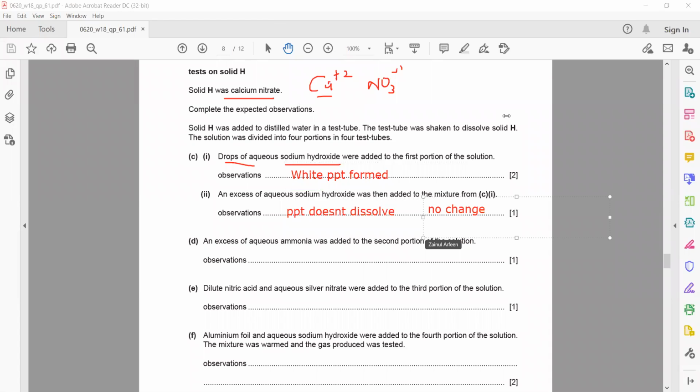There will be no change. And in this part, excess aqueous ammonia is added, and there is a calcium ion. No visible change, no reaction.